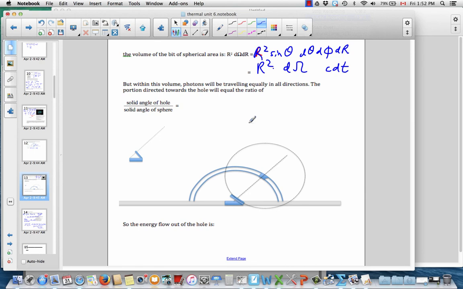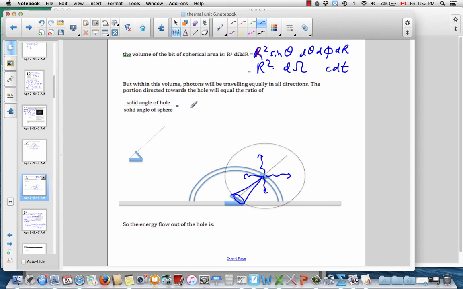Okay, so as we were saying just a moment ago, not all the radiation is traveling towards the hole, right? It's going to be equally likely to be going in all directions, and that means we need to consider how much solid angle this hole occupies on this entire sphere of radiation. So it'll be the solid angle of the hole over the whole solid angle of the sphere.